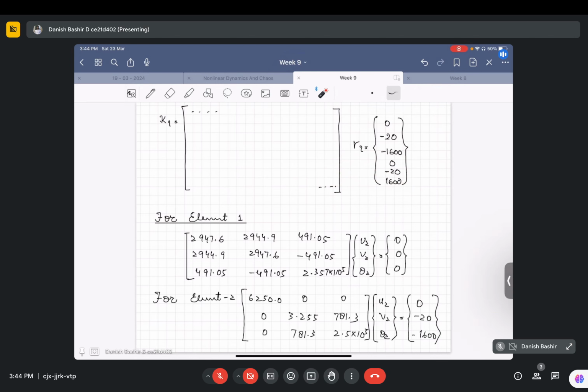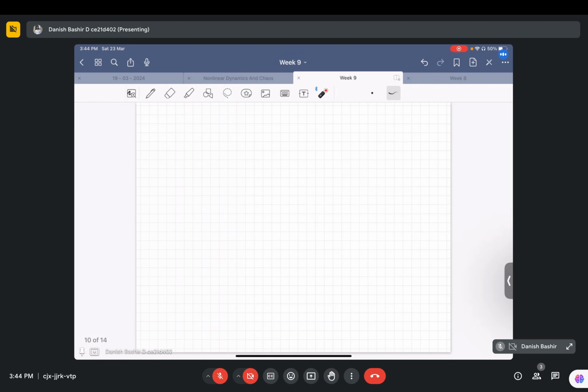So when we combine these two element equations, we will get a global system like this.